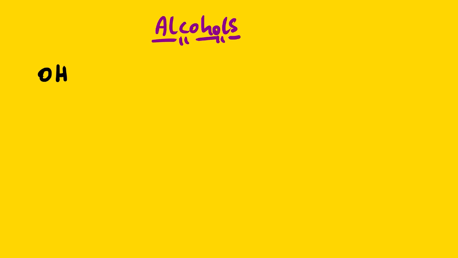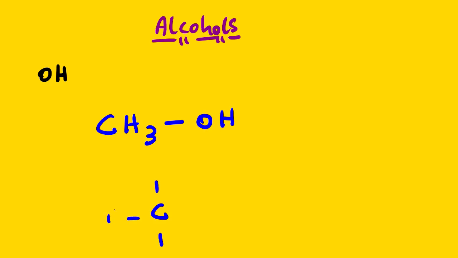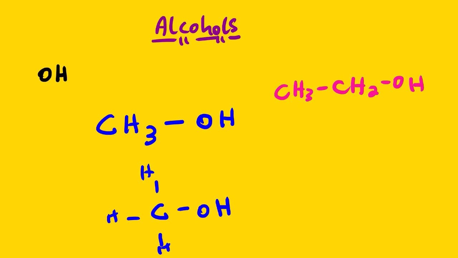But before we get there, an example of an alcohol would be this. Looking at the structure, this is methanol. Another type of an alcohol would be CH3CH2OH.